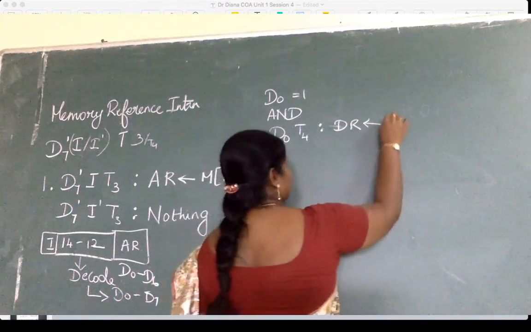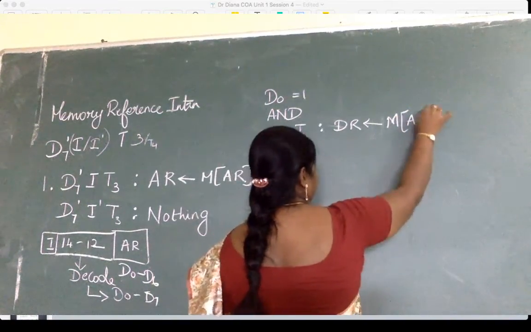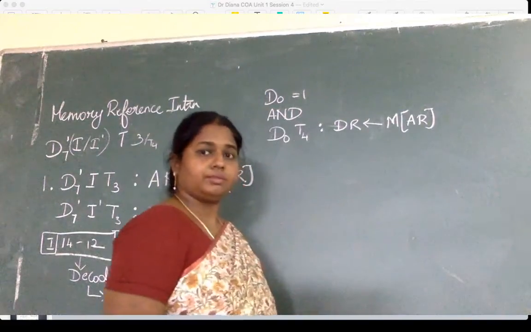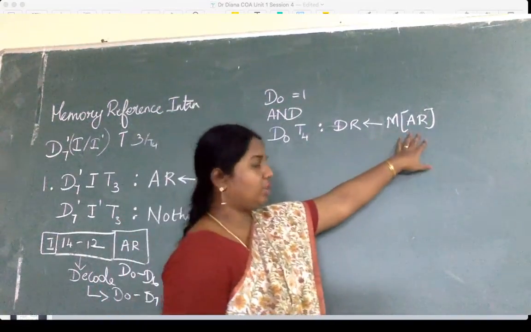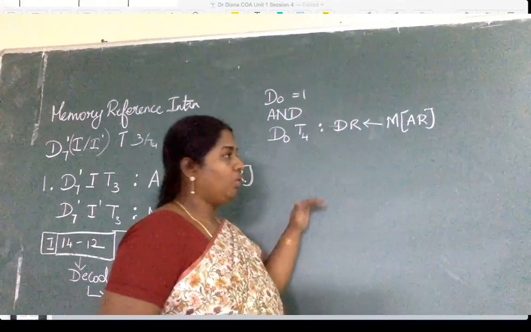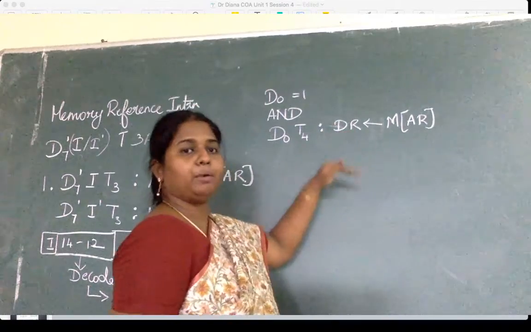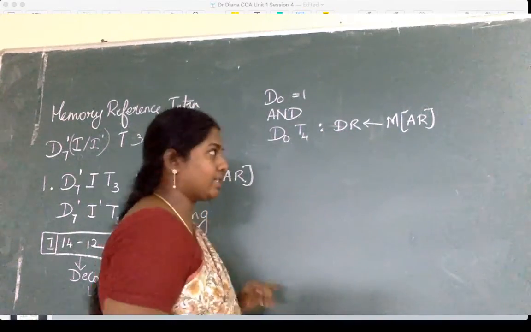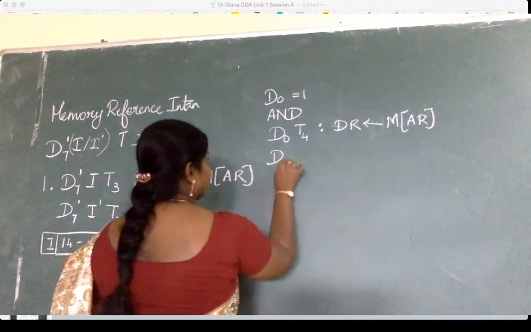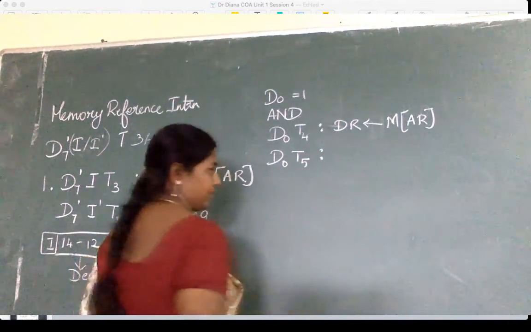The data is brought from the memory location addressed by the address register. So I bring the content of memory into the data register. Only after it is available at the data register can I perform some operation on it. So at time cycle T5, I have to perform the AND operation.